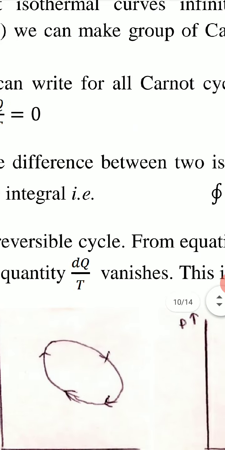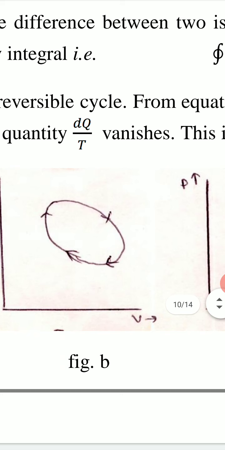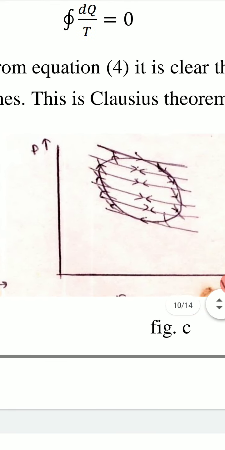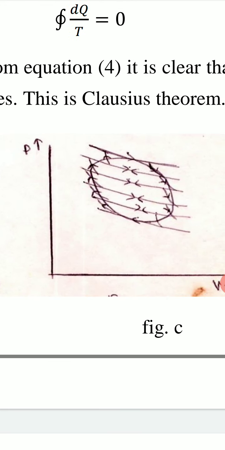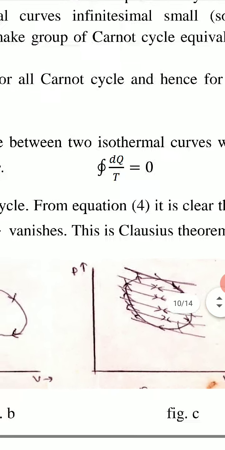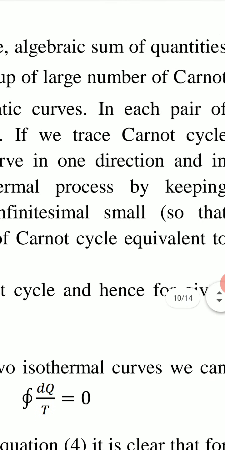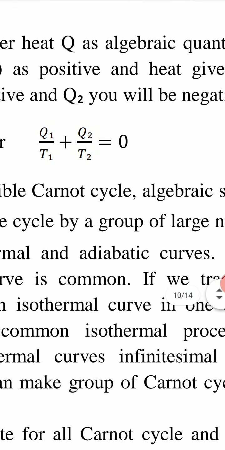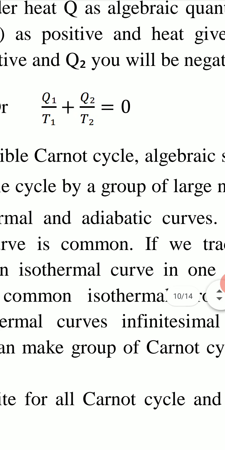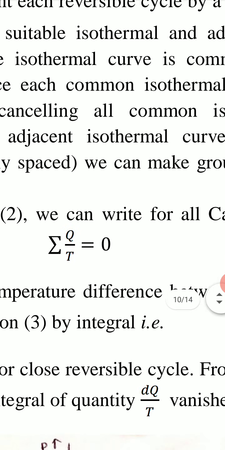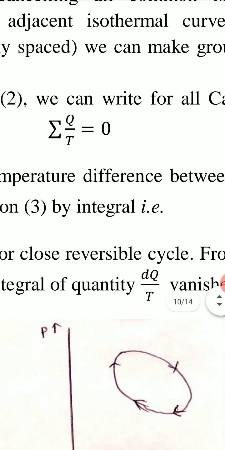Now we have any cyclic process of this figure B, and this is equivalent to a group of large number of Carnot cycles that is shown in this figure C. So we can write this equation Q1 upon T1 plus Q2 upon T2 equal to 0 as summation Q upon T equal to 0.